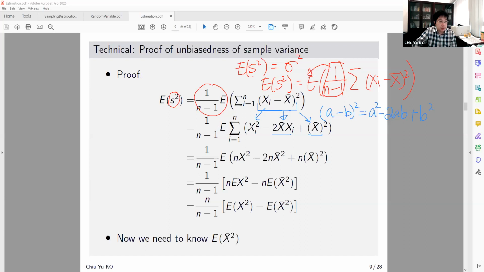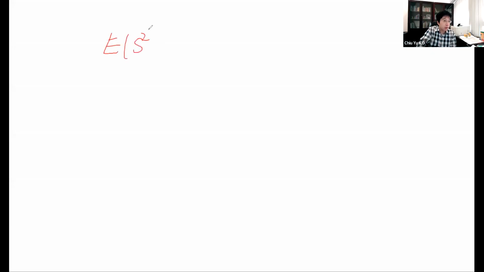The next step is the summation of this, and there's no difference from each one, so you can just write n of those. I should write this down more technically, that would be more clear.